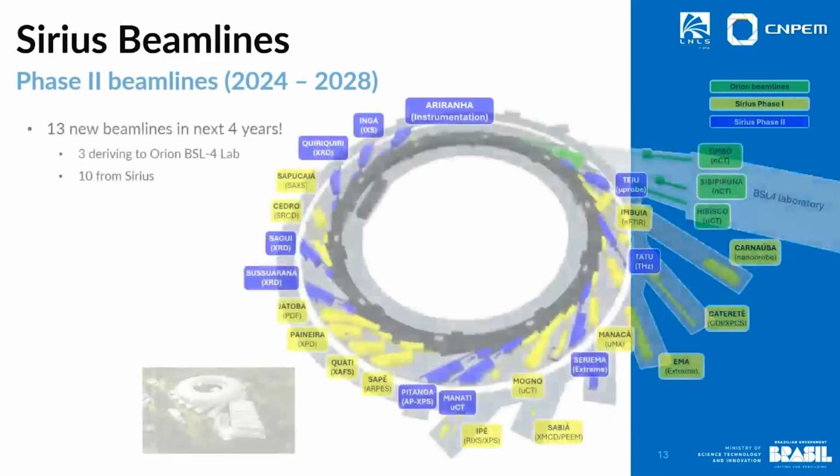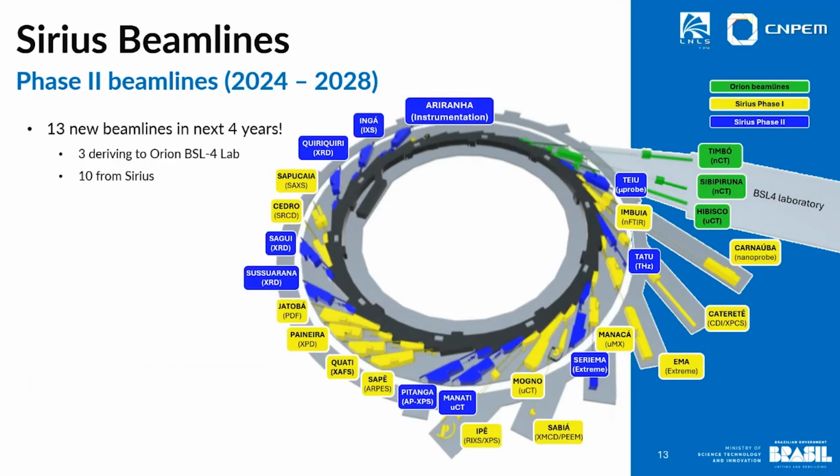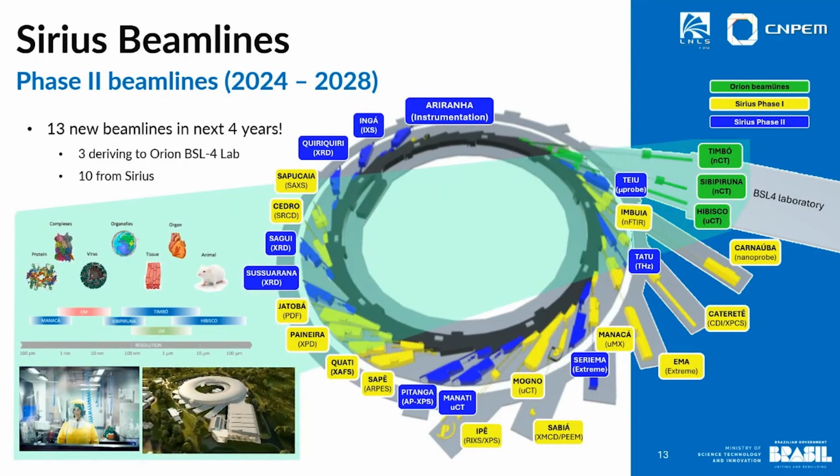And in phase 2, we want to build 13 new beamlines in the next 4 years, with a difference: we are also building this BSL-4 laboratory that will host 3 beamlines and will be the first in the world, with the idea of being able to respond quicker to pandemics by understanding the structure of viruses and the full cycle of the infection, right?